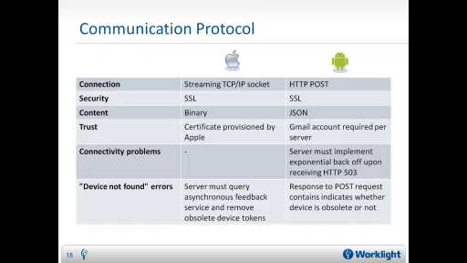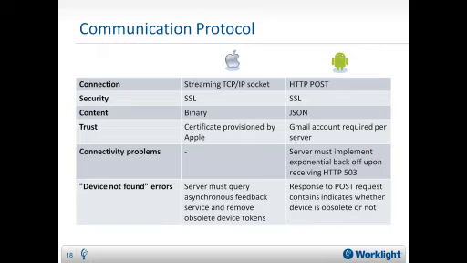Both APNS and C2DM use JSON to format messages pushed through their services. So this is very nice from a developer perspective. They use different syntaxes, but more importantly, the underlying communication link is different. C2DM provides an HTTPS URL to which servers can use HTTP POST to send a message and receive a response.